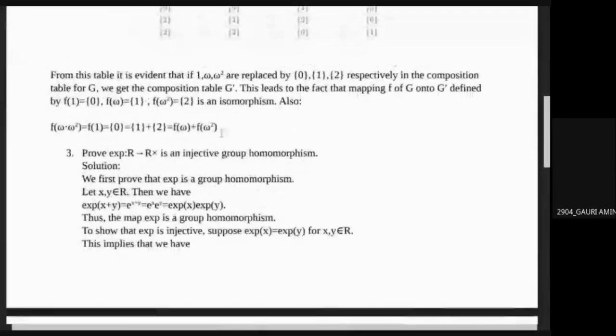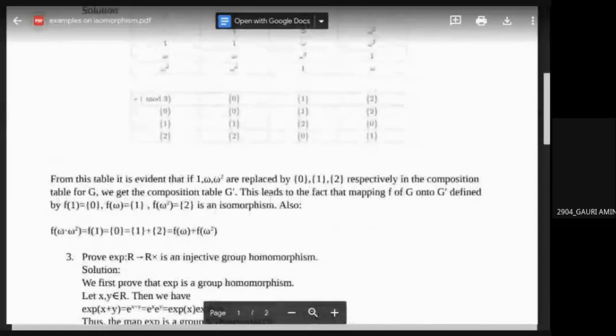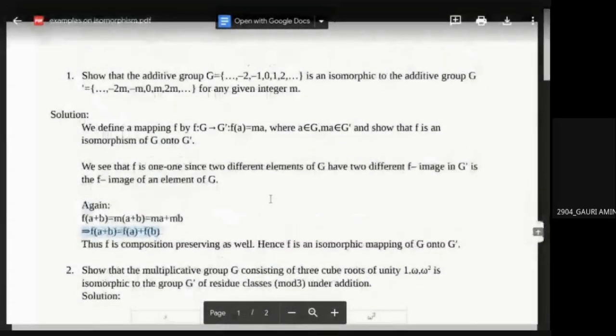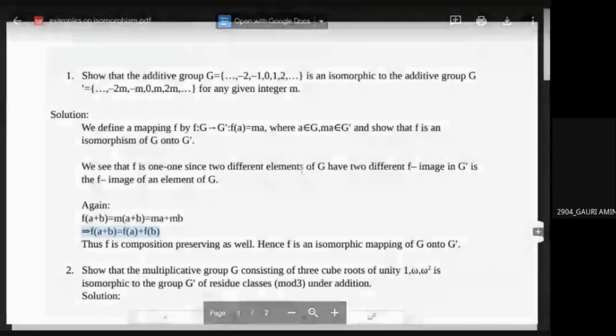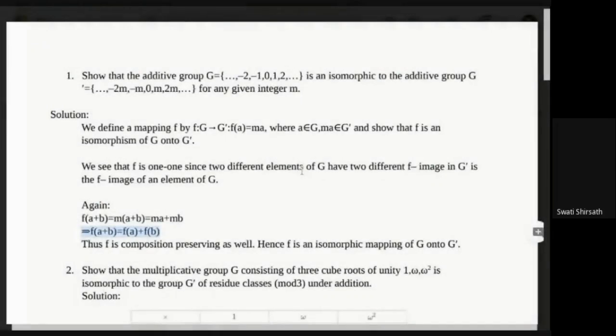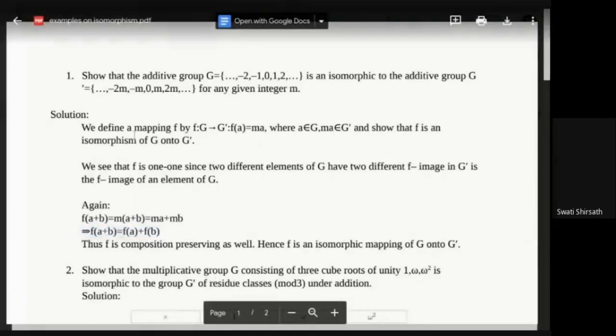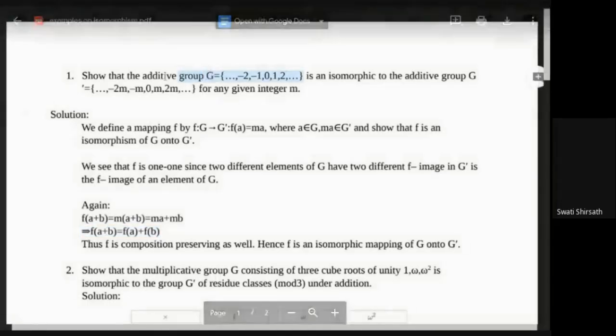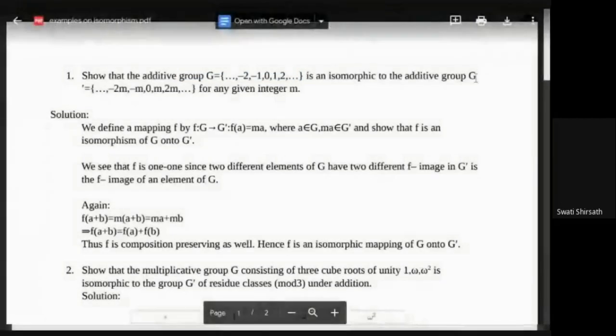Ma'am, in one of the examples of homomorphism, we had proved that f of a plus b is f of a into f of b. Correct. So when do we prove that and when do we prove this? You have to look at the operation, dear. Here the group G has operation addition, and group G dash also has operation addition.